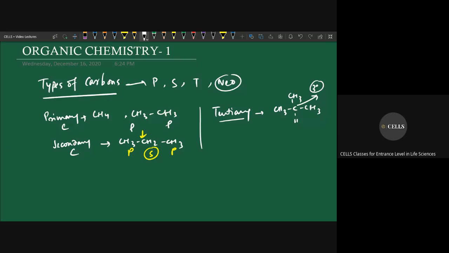And suppose if we have CH3, C, CH3, CH3, and CH3, this carbon is a neocarbon, right? So neo is nothing but a quaternary carbon. Now let's move on to another type.